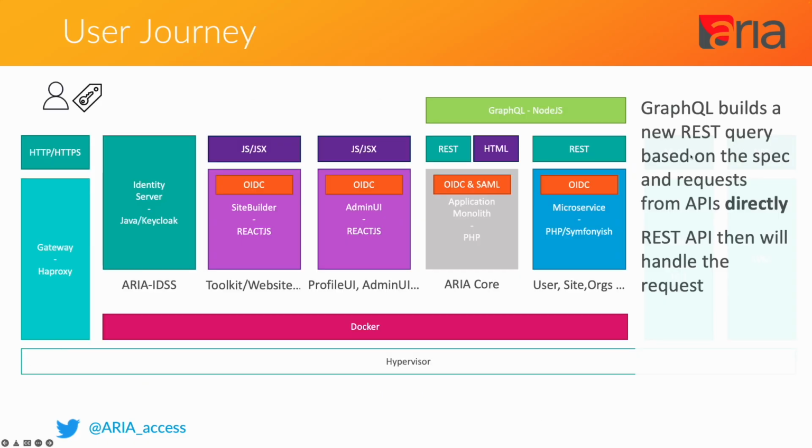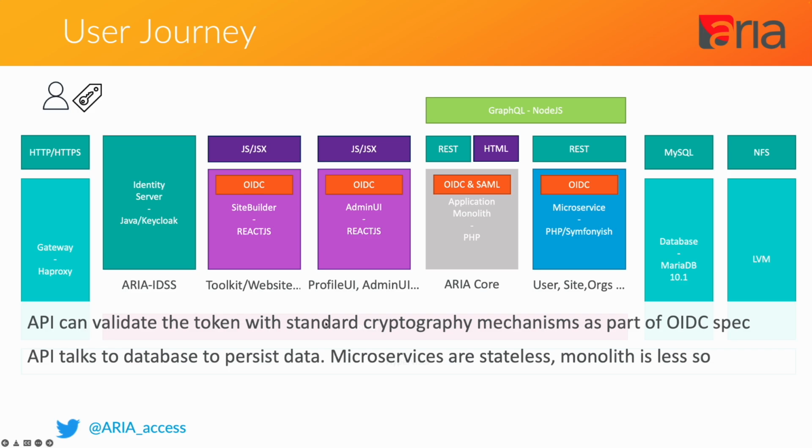So the GraphQL server builds the query results based on the REST endpoints, the REST APIs, and yeah, all these queries are passed a token, and this is validated against Keycloak, and this allows the new world, the microservices at least, become stateless.